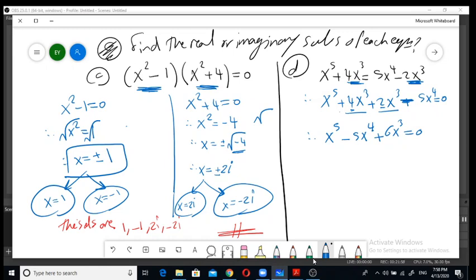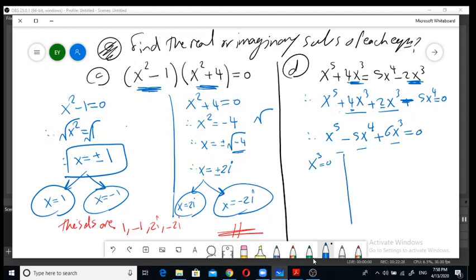So now easily we can find the solution for this equation by using factoring techniques. Here we have x to the power 5, x to the power 4, x cubed. So easily we can factor out x cubed, the least degree, as a common factor, equal to 0.